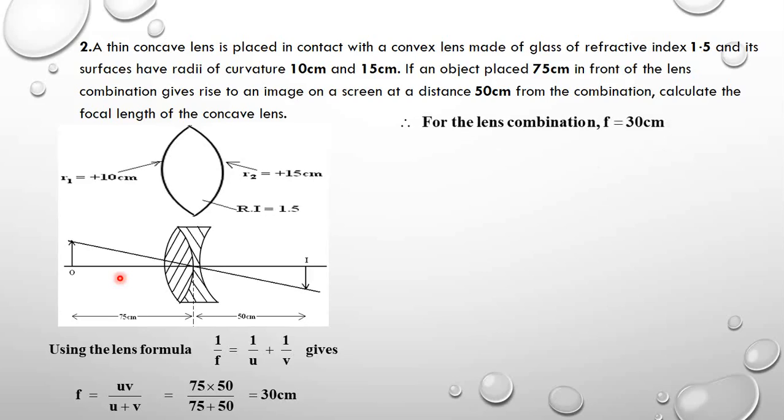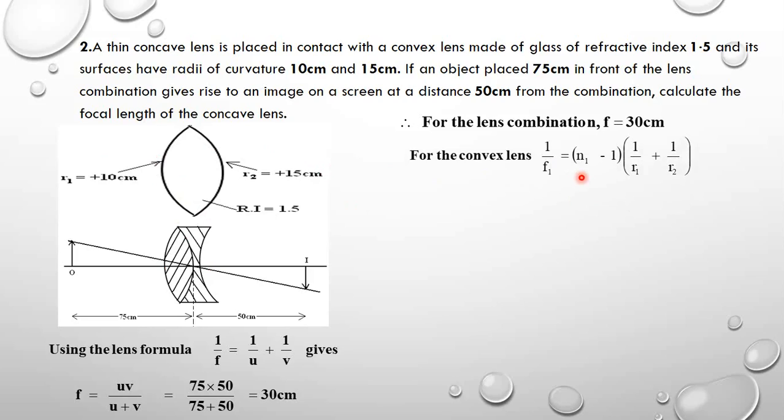Then after that, we shall also get the focal length of the convex lens using the formula 1 over F is equal to (N minus 1) into brackets 1 over R1 plus 1 over R2. Now let us call the focal length of this convex lens F1. So we shall have 1 over F1 is equal to (N1 minus 1) times (1 over R1 plus 1 over R2).